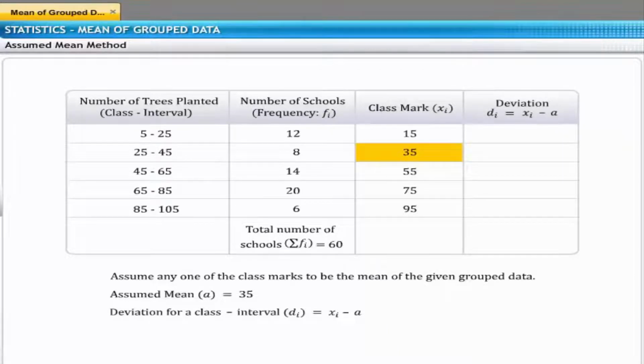We'll term it as deviation and denote it as di. The deviation for the first class interval is 15 minus 35, or minus 20. Similarly, for the second class interval, the deviation is 35 minus 35, or 0, and so on.